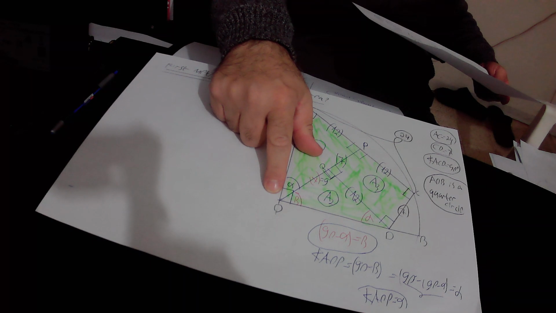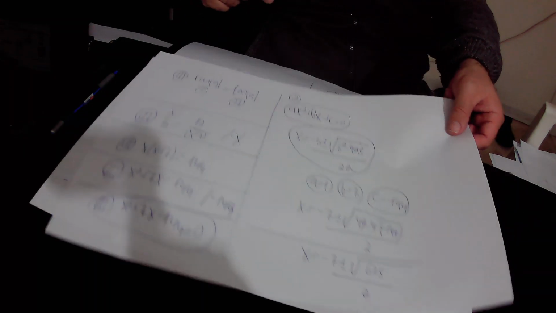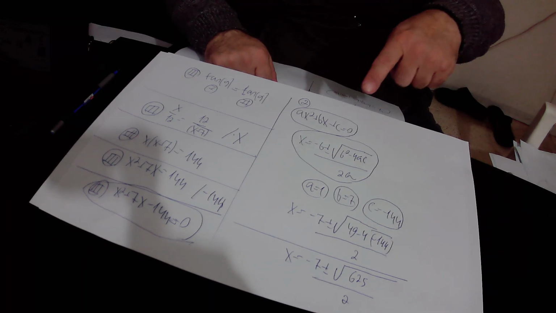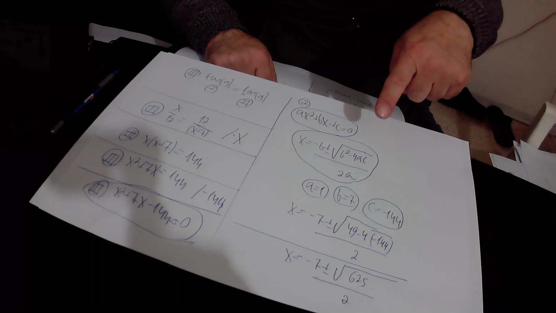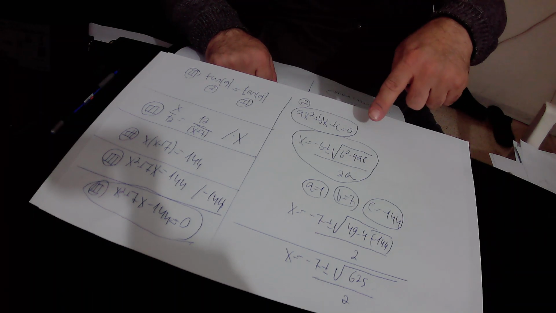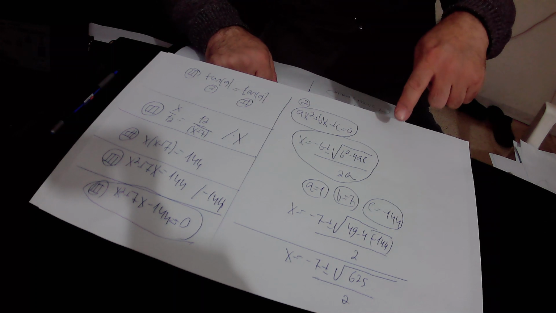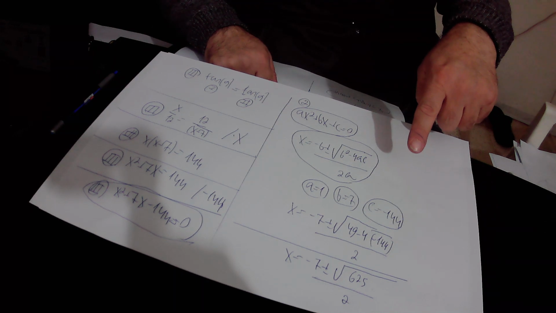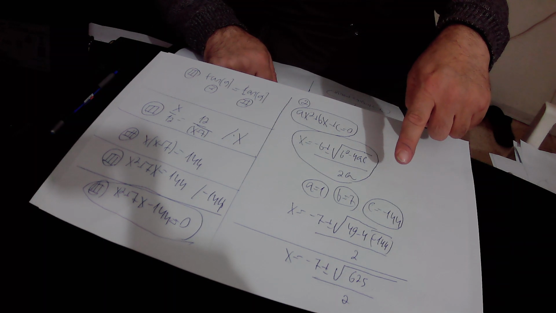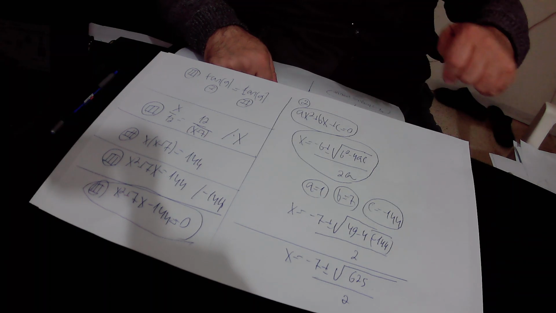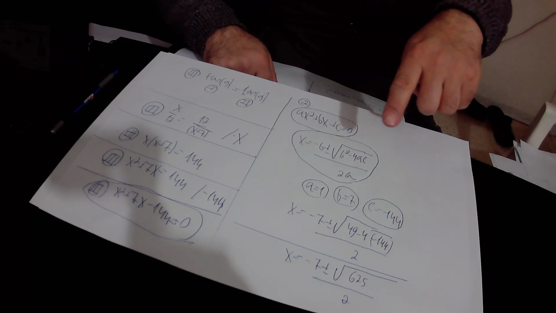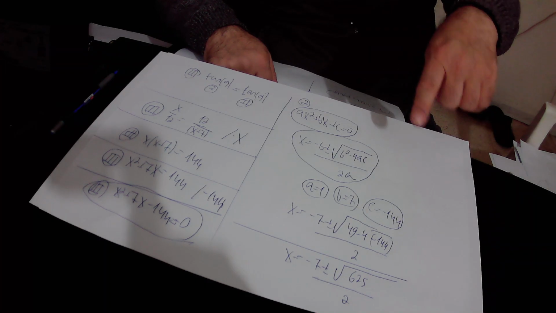Okay. So here x equals minus b, b is 7, therefore minus b is minus 7, plus minus the square root of b squared. B is 7, so b squared is 7 squared, that is 49, minus 4 times a, which is 1, times c, which is minus 144, over 2a, where a is 1, so 2 times 1 is 2.